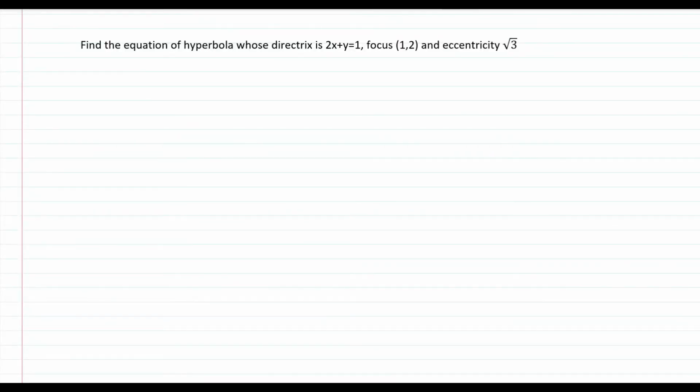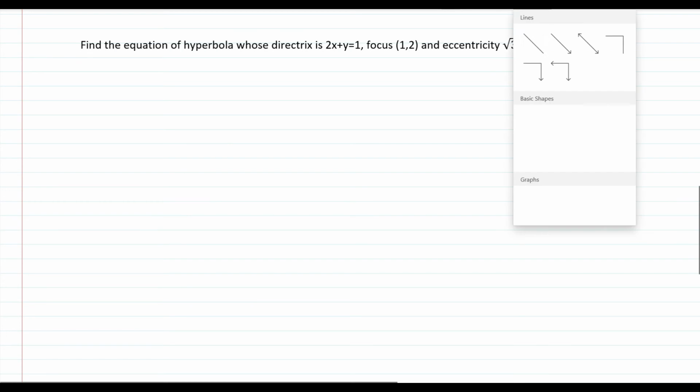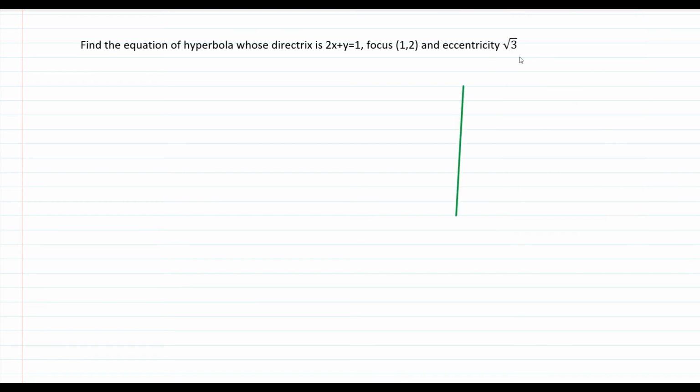I have chosen one problem where we have to find the equation of the hyperbola whose directrix, focus and eccentricity are given. There is another definition of the hyperbola where we take a fixed line, which is called the directrix, and a fixed point, which is called the focus.